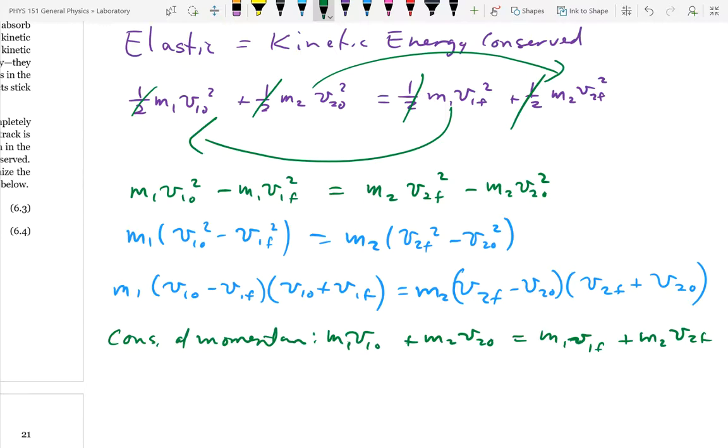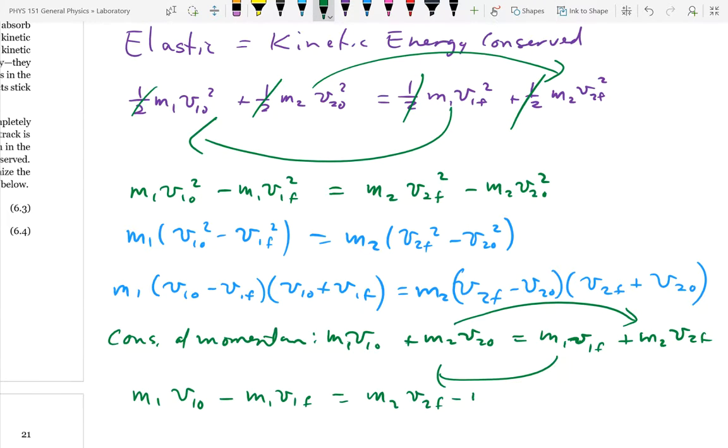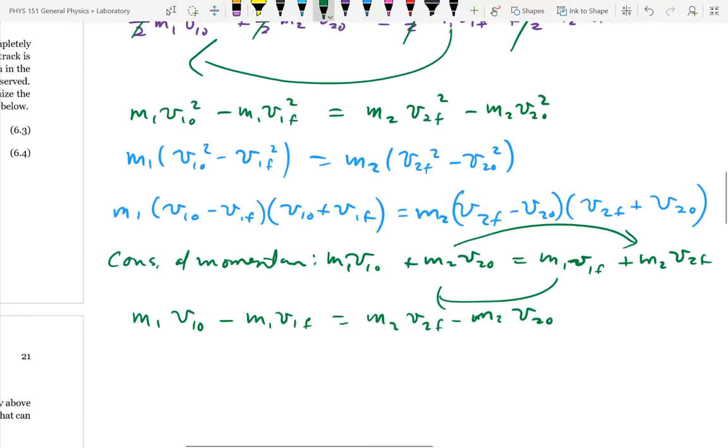Moving the carts to opposite sides just like before makes this M1 V1 initial minus M1 V1 final equals M2 V2 final minus M2 V2 initial, or, and this is where finally things make sense, factoring out the mass.